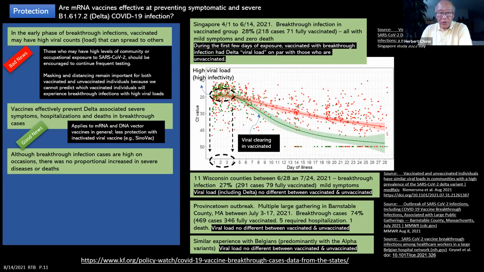So the good news is the vaccine, even in the face of Delta, still protects us from severe symptoms, hospitalizations, and death, even in breakthrough infections. It applies to Moderna, Pfizer, and the Janssen's. But of course, there is less protection with the Sinovac and other vaccines.